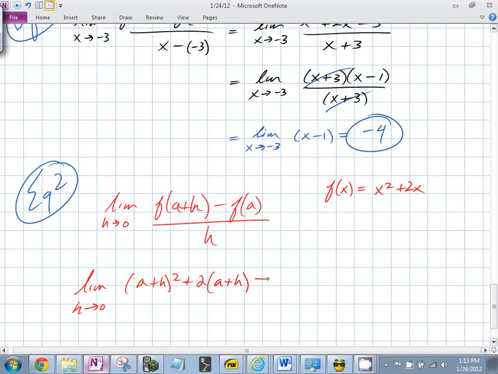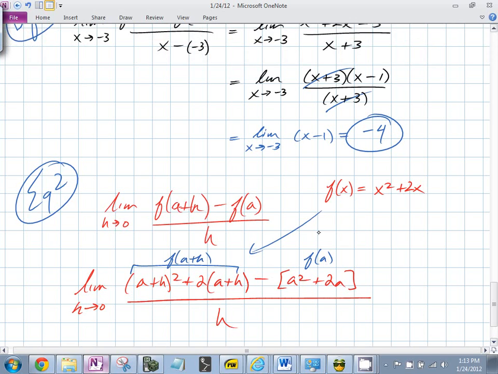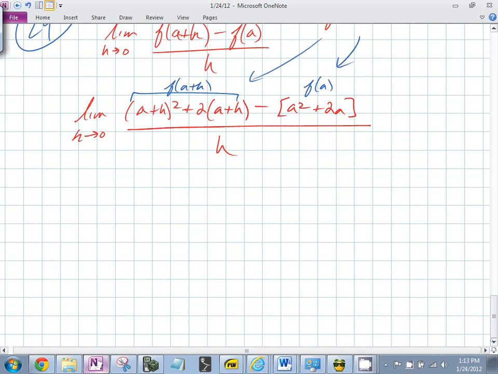Plug in a. It's a squared plus 2a. Do you see what I just did there? This is f of a, and this is f of a plus h. Are we okay with that? What do we do now? One word. Simplify. I guess you could say expand and simplify. That's fine. So you have the limit.